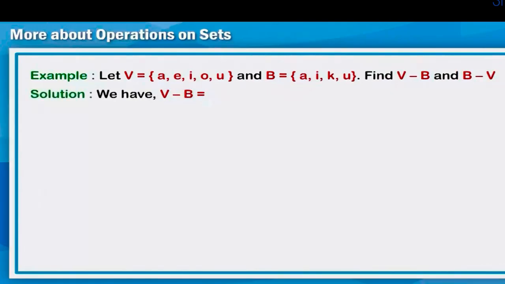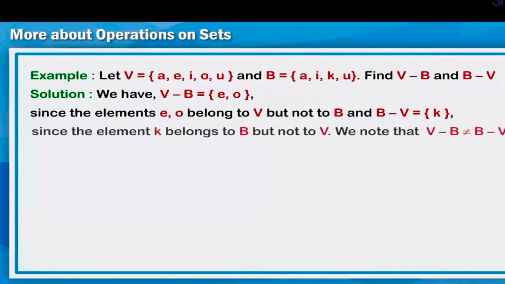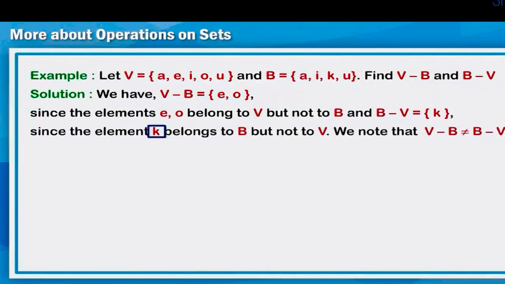We have V minus B is equal to {e, o}, since the elements e, o belong to V but not to B, and B minus V is equal to {k}, since the element k belongs to B but not to V. We note that V minus B is not equal to B minus V.